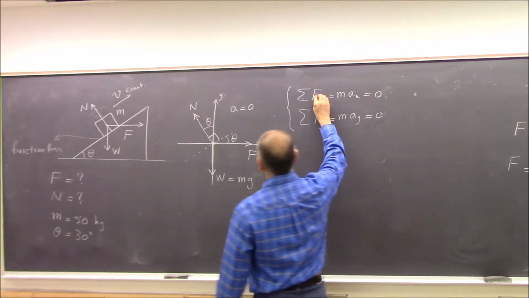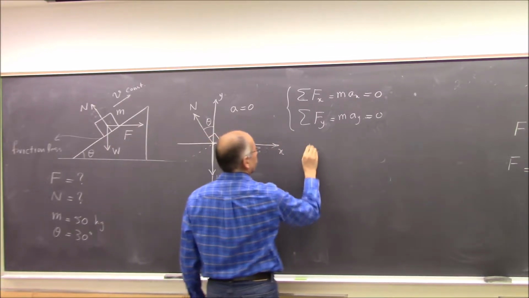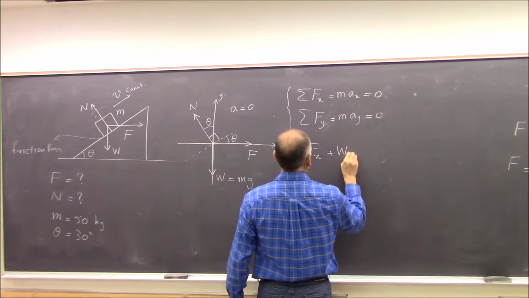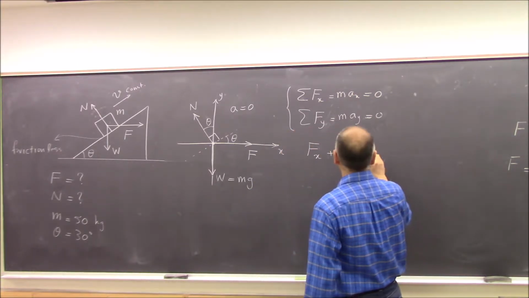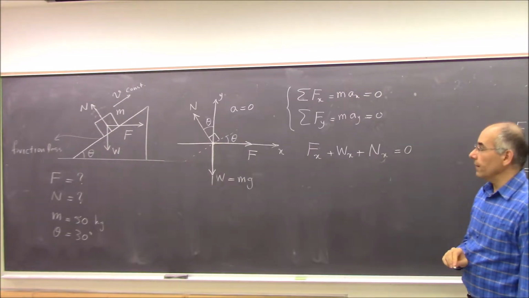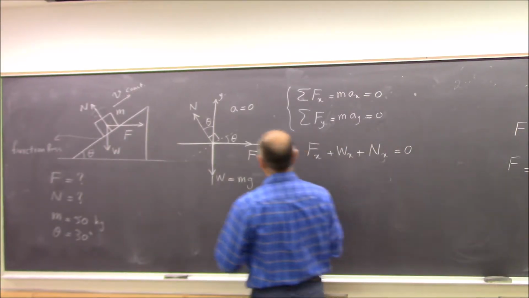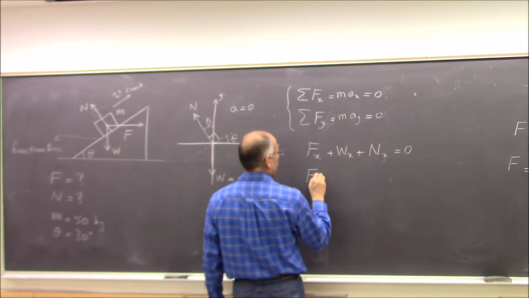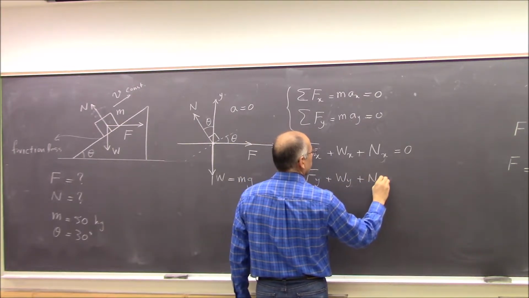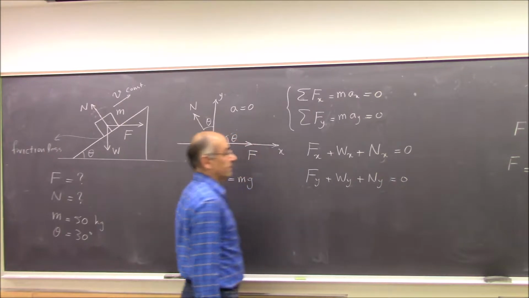The first one, the sum of Fx, means Fx plus Wx plus Nx equals 0. The other one says Fy plus Wy plus Ny equals 0.